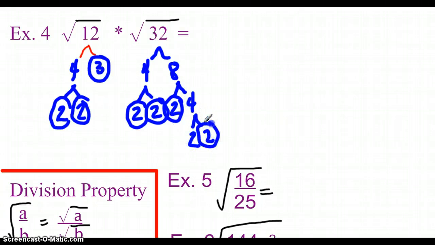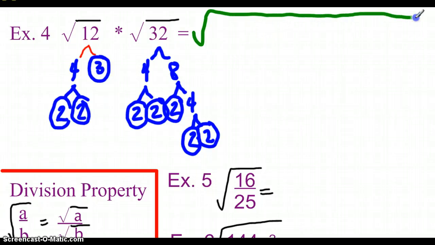Now, if I were going to put these together, I would actually go for putting them all underneath one square root, all in order. Oops, that's a terrible line. Let's try that again. No guarantee it'll be better, but we'll try here. Okay, so 2 is the smallest number. I would count up how many I had all together. So if I counted up how many I had, 1, 2, 3, 4, 5, 6, 7.